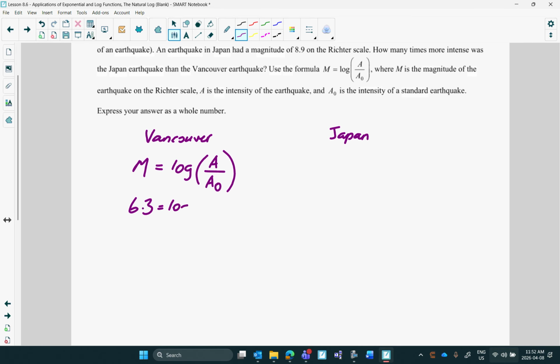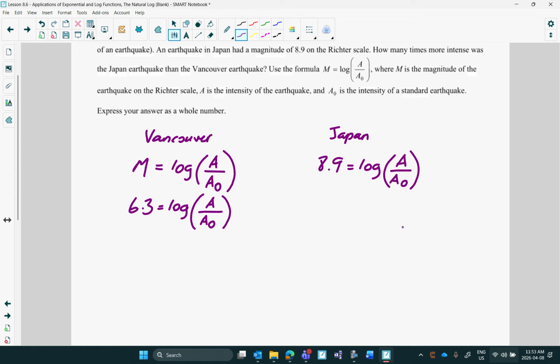I am trying to find A. For Japan, the magnitude was 8.9. Again, I am trying to find A. But I need to deal with this A naught thing. Technically, I can't find the intensity unless I know this, right?